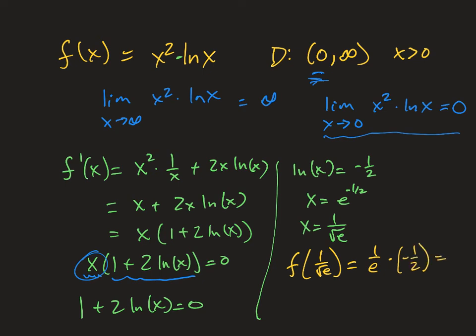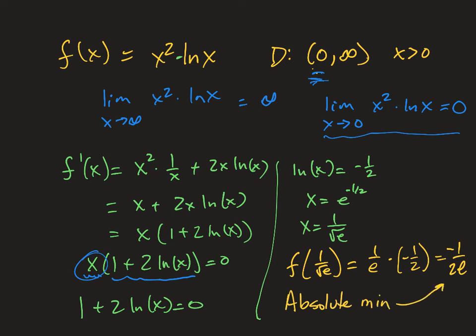And so when you do 1 over e times negative 1/2, you get negative 1 over 2e. That's our y value. And not only is that a local extreme value, but I claim that that is also an absolute min. It's an absolute minimum value.